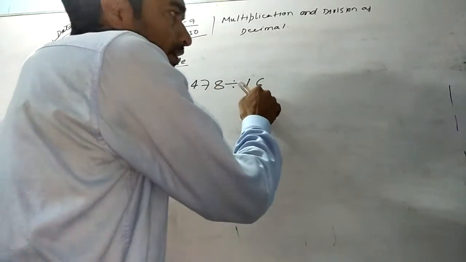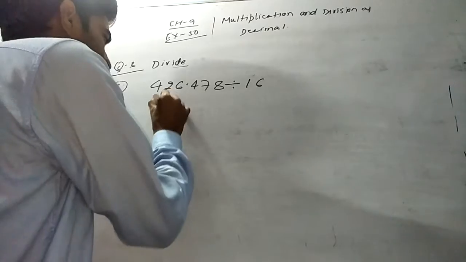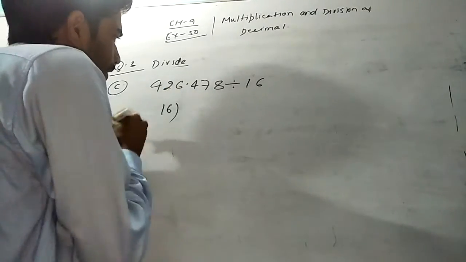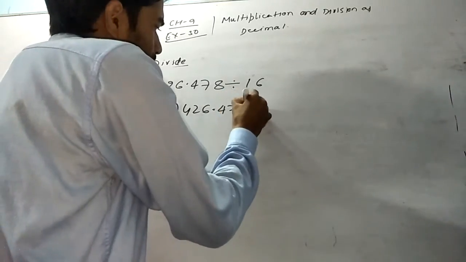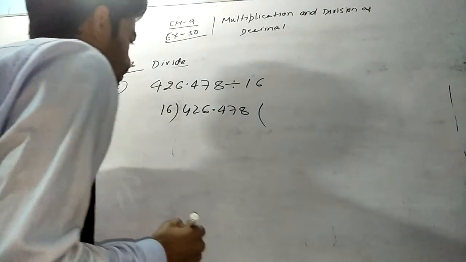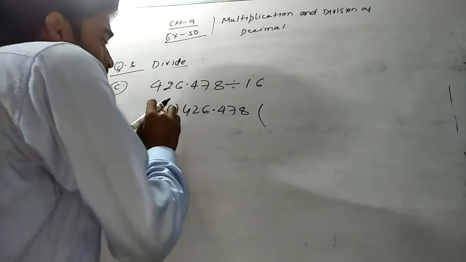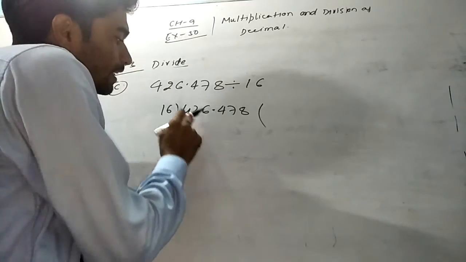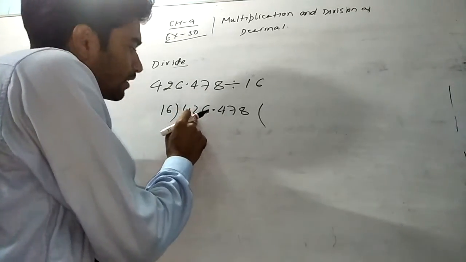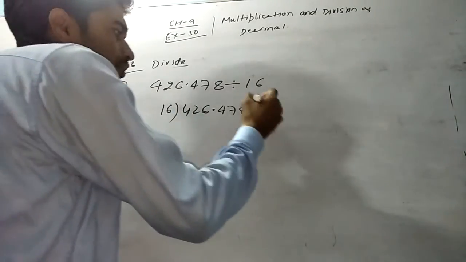So now divide 426.478 by 16. 16 threes are 48, and 48 is greater than 42, so 48 cannot be subtracted from 42. So 16 twos are 32.